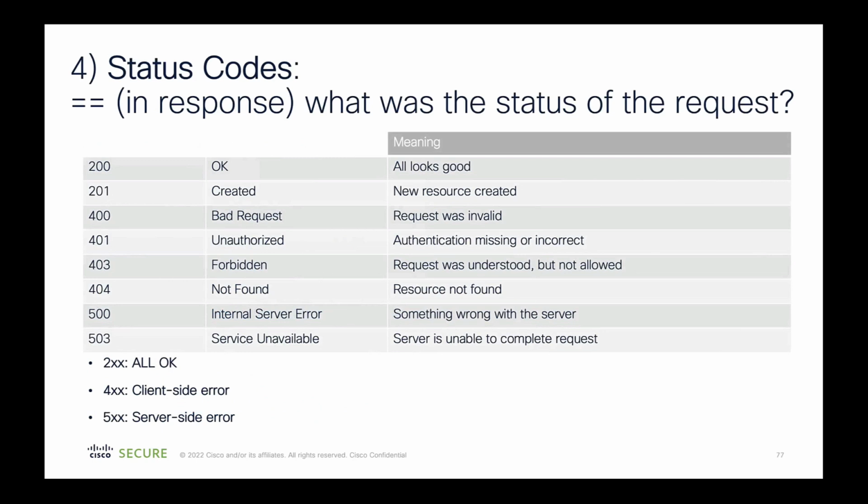Status codes are, again, exactly what you would see if you're using a web browser. So when we make a request, we're expecting a 200 back, which says that most likely everything went okay. Not 100% of the time, but most of the time, if we get a 200 or a 201 back, then things are good. If things went wrong on the client side, then we're going to get something in the neighborhood of 400.